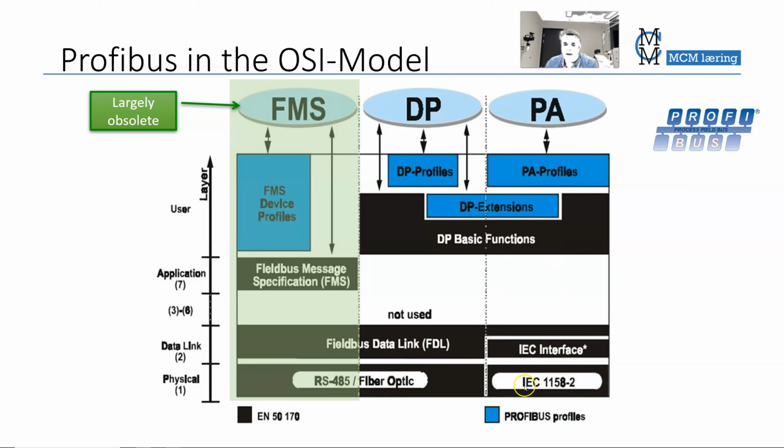PA uses something called IEC interface, IEC 1158-2. The mid layers, same as Modbus, are basically not used. And then above the OSI-Model, you have the functions. So this is the program that runs on the PLC, which has all these functions, very much like the ones you saw in Modbus.